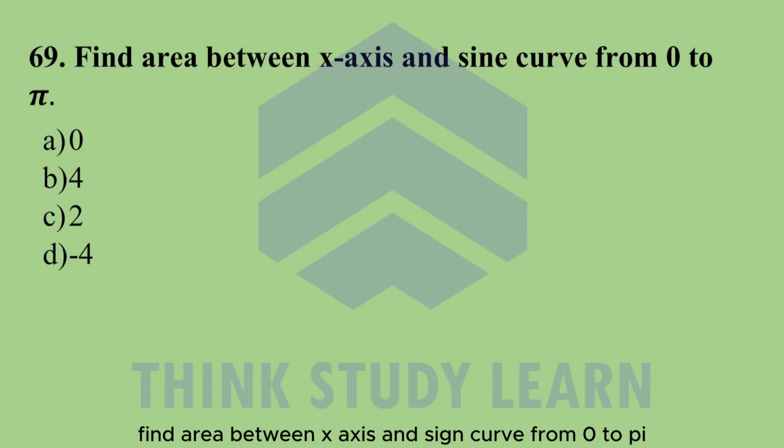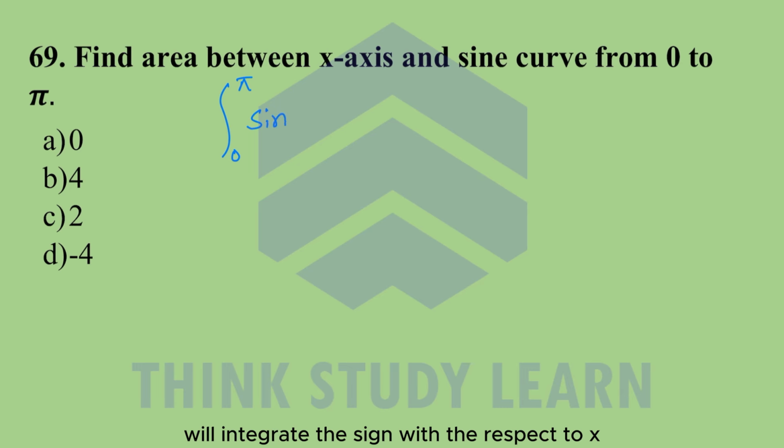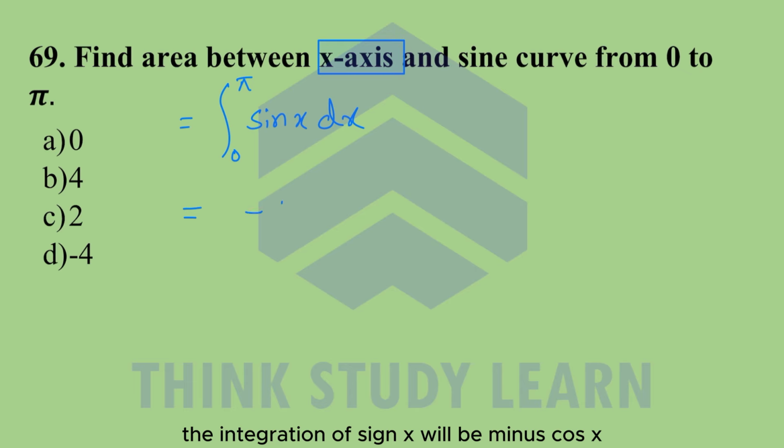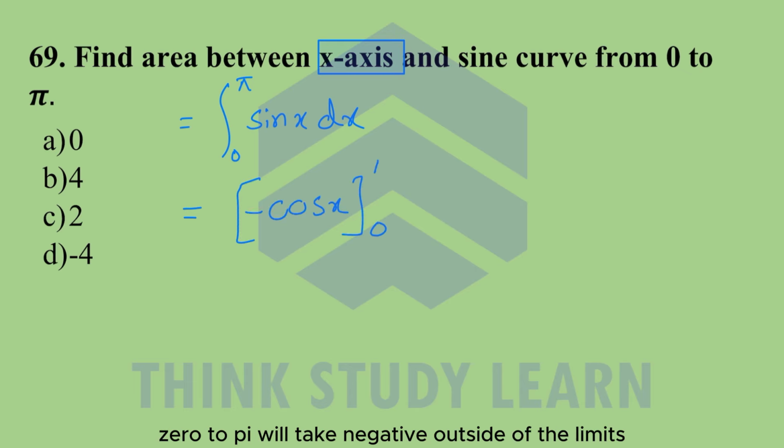Find area between x-axis and sine curve from 0 to pi. To find the area from 0 to pi, we'll integrate the sine with respect to x because the axis given to us is x-axis. So sine x dx, the integration of sine x will be minus cos x, and now we have to put limits 0 to pi.